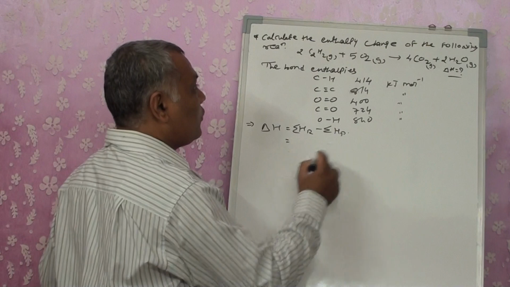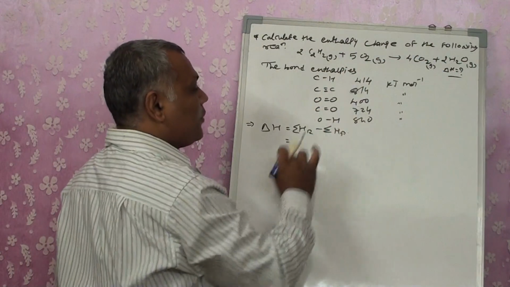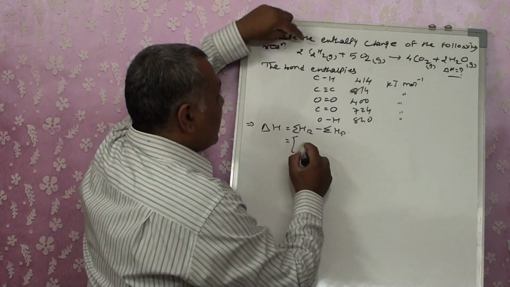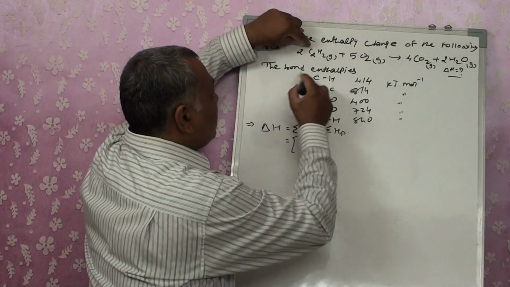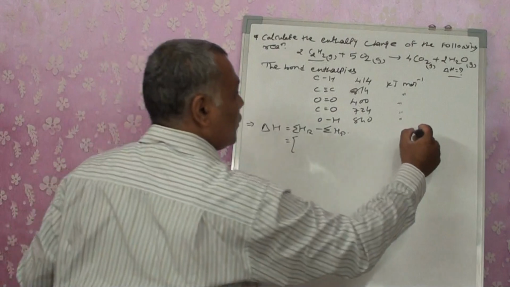So what is given to us? We are given the reaction and the enthalpies. How to get the reactants? First of all, as per the reaction, it's C2H2. What is the structure of C2H2?